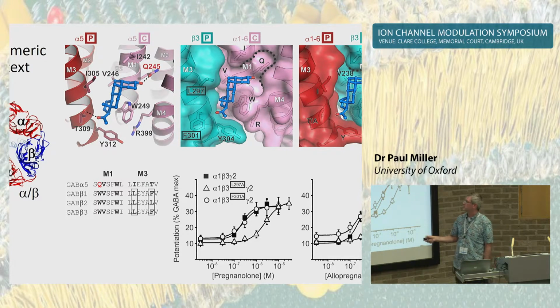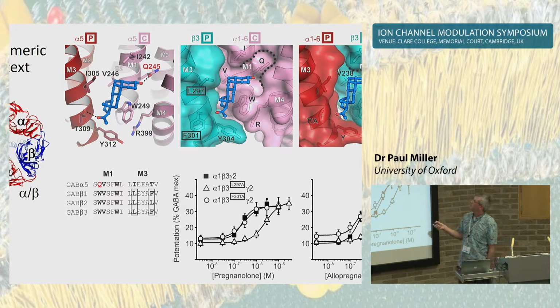So the glutamine is only conserved in alpha subunits. It's not present in the betas. And this blocks off the top of the site and will sterically hinder neurosteroid binding. Whereas if we look at the other interface, the binding mode will be preserved because the beta subunit maintains residues which permit and don't obscure the site in any way.